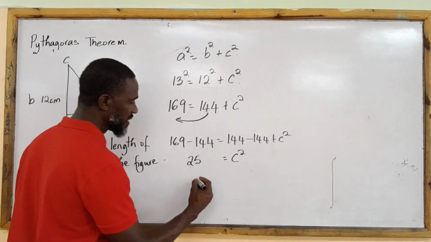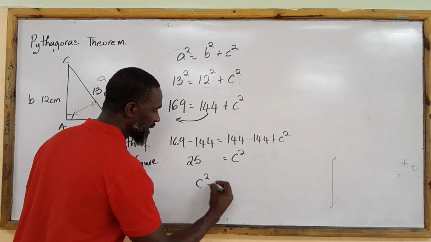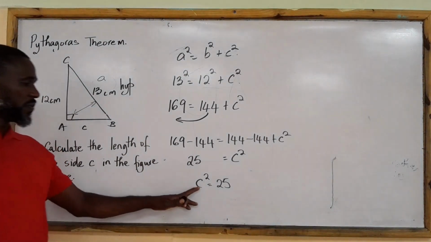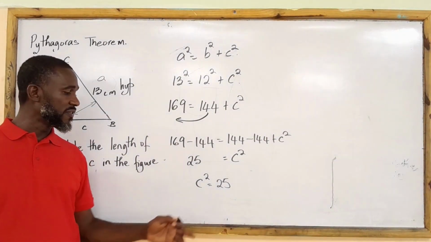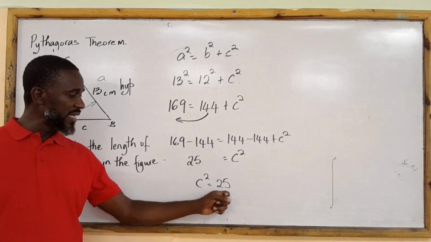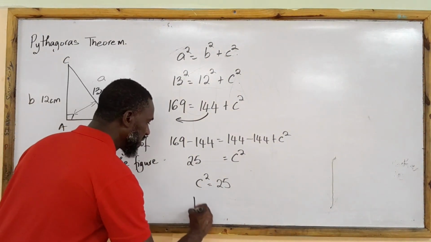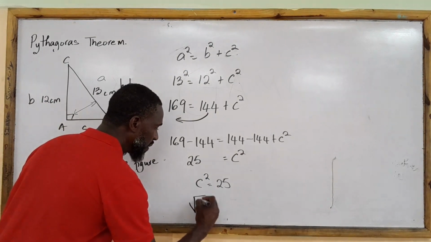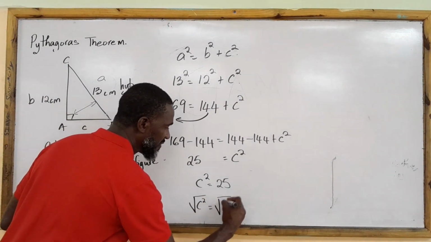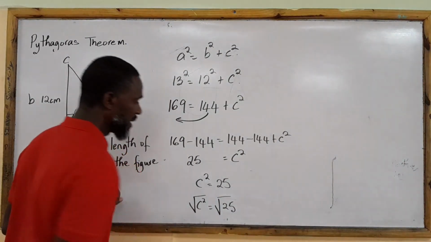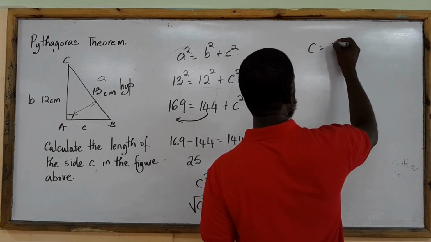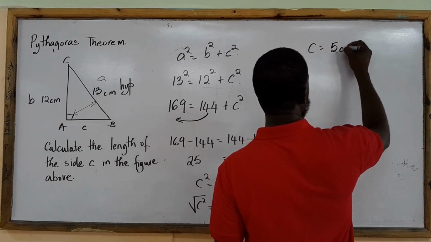So we're going to just flip it here. c squared is equal to 25. In order for us to find c, we find the square root of both sides. The square root of c squared is c, and the square root of 25 is 5. So c is equal to 5 centimeters.